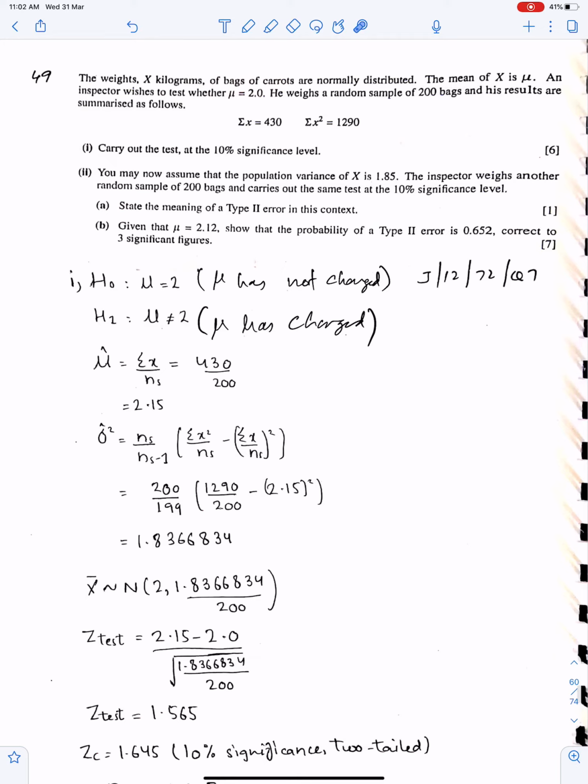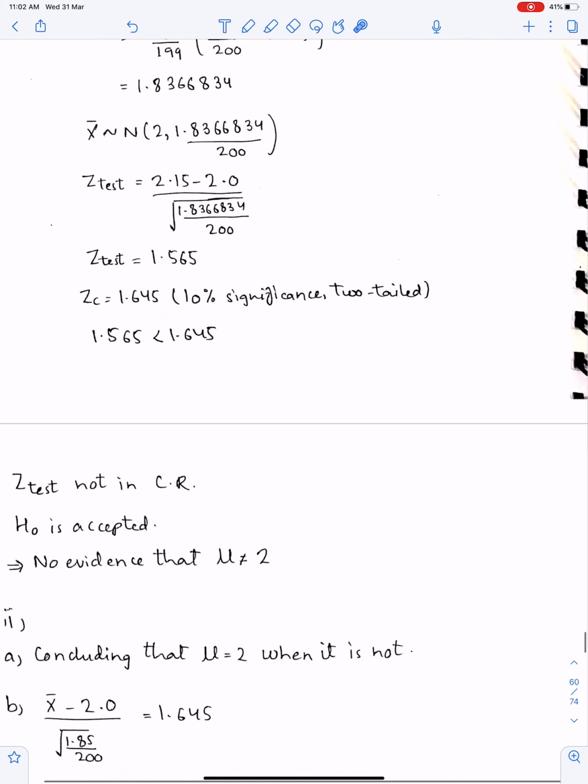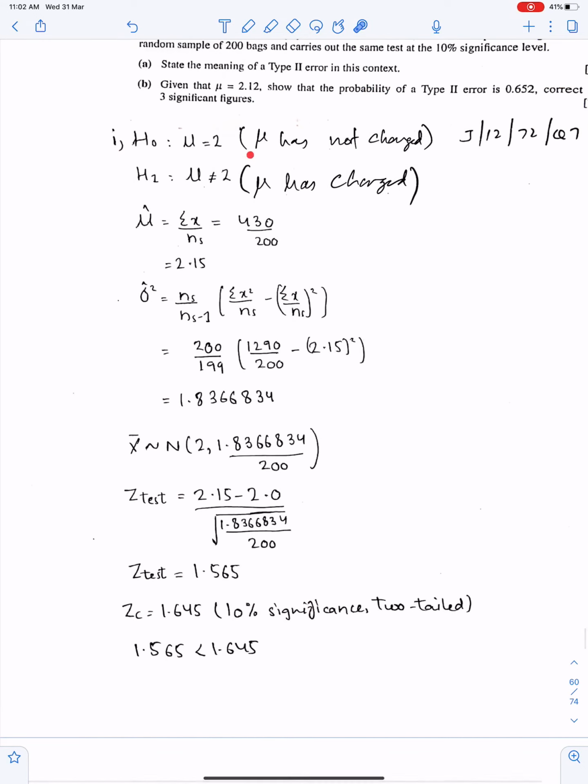So concluding that mu has not changed when it has. Just write this: concluding mu has not changed when it has.